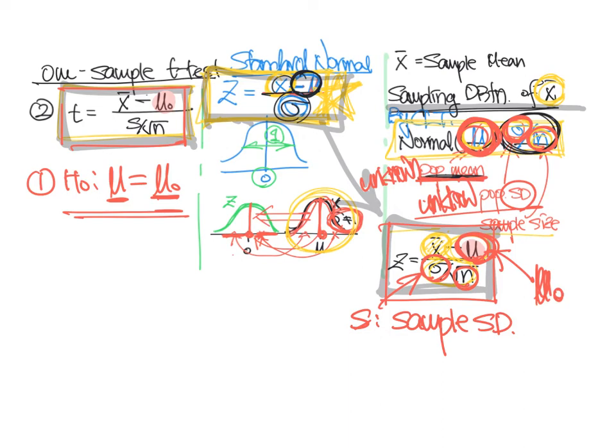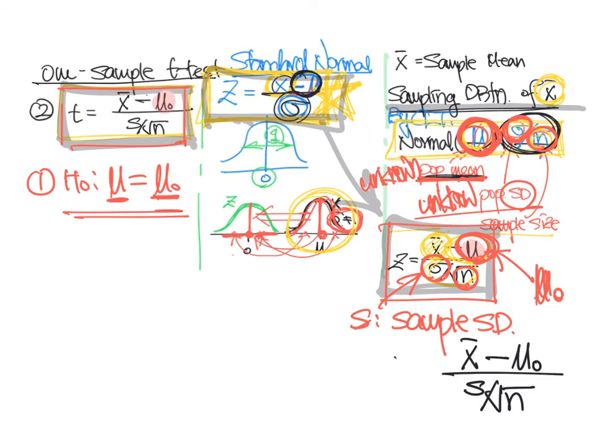Okay, now please look at the T. Let me write the T. It's a bigger T here: x bar minus mu zero over S over square root of n. Let me erase the left-hand side.